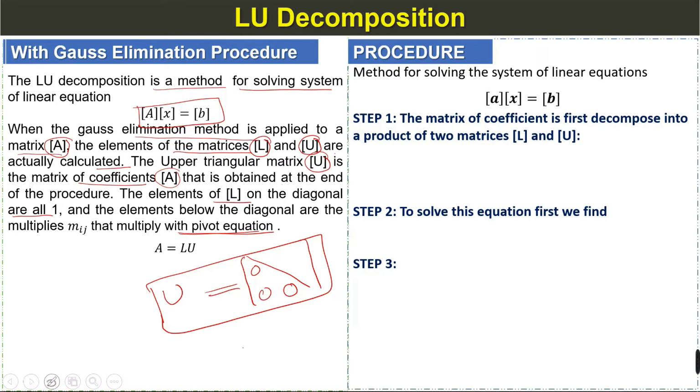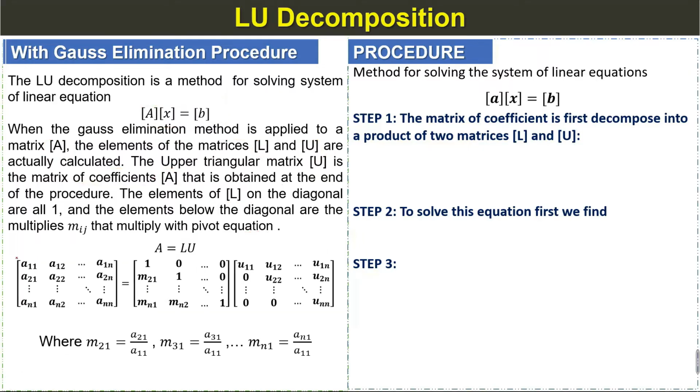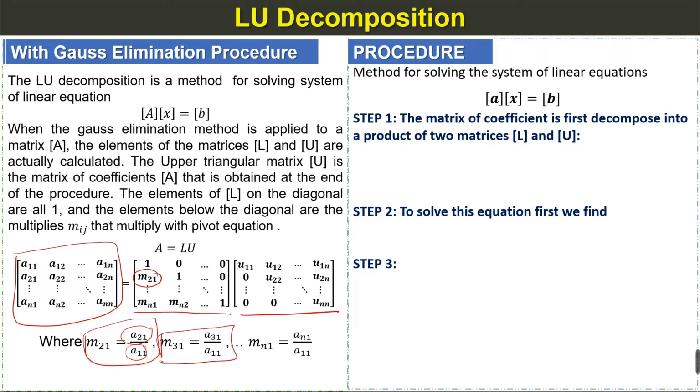So in general, for example, we have the coefficient matrix here, and we decompose it into the lower triangular matrix and the upper triangular matrix, where the element m21 is equal to a21 divided by a11. This is the multiplier that we multiply with our pivot equation, and similarly so on. I will explain later with the help of an example.